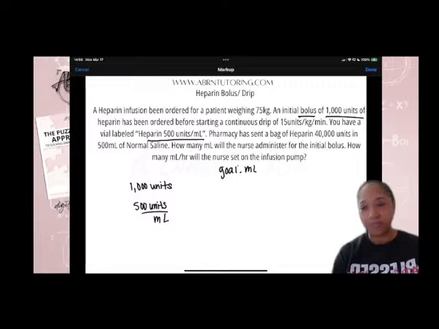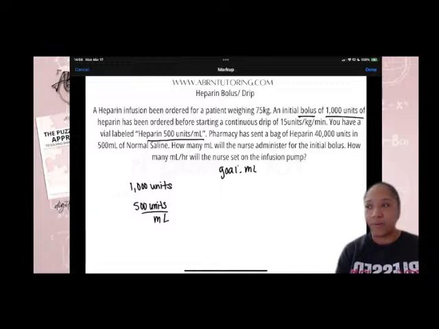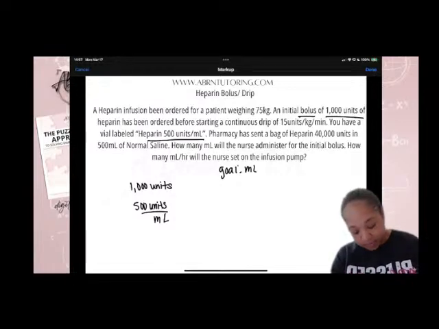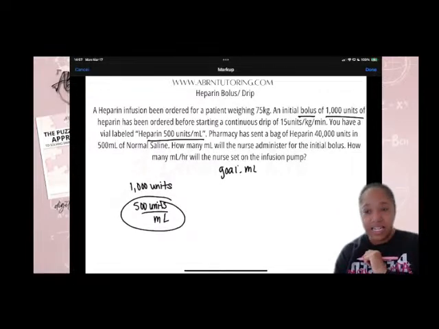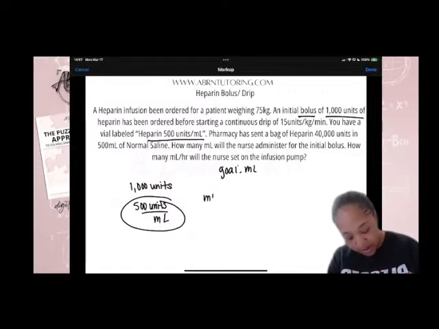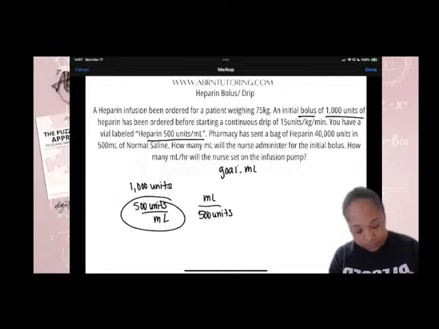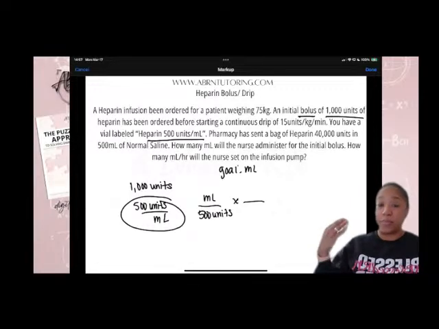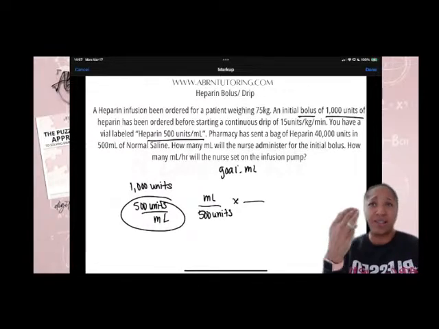Anywho, milliliters. So our goal is milliliters. We always start with what it is that we're looking for. So this has our milliliters in it. We're going to flip it over. So mL over 500 units. Units is not a part of the goal, so it has to go to the top.